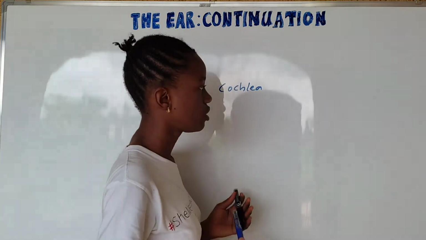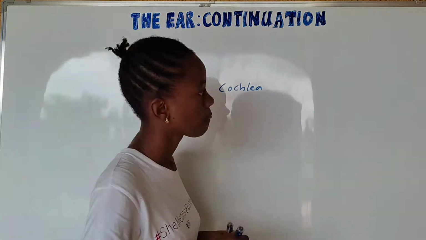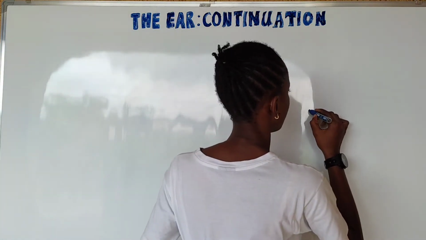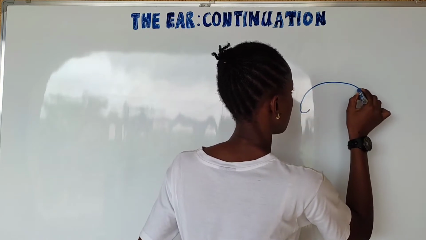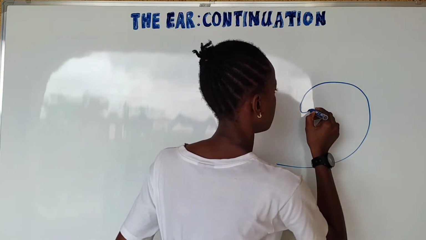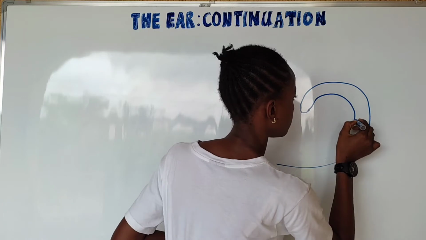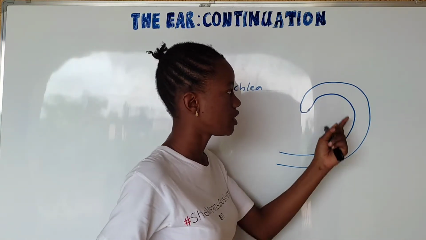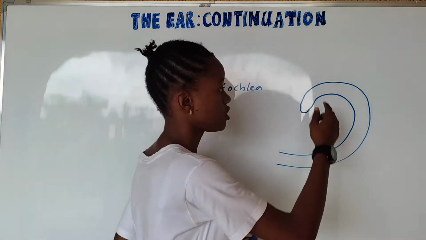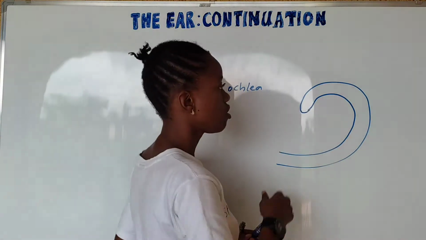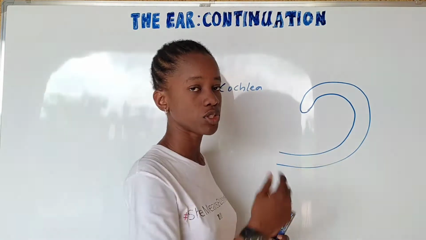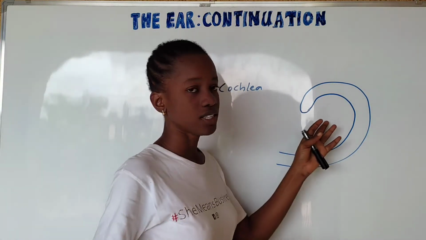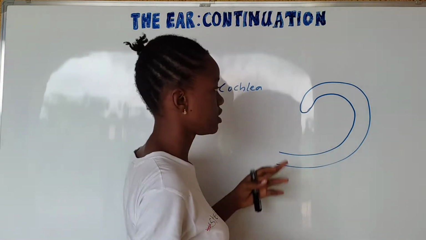So now we are going to draw the cochlea. We'll start from the inner part of the cochlea first. This is the inner part of the cochlea that I've drawn. The cochlea is actually much more curled, and this is just for simplification purposes.